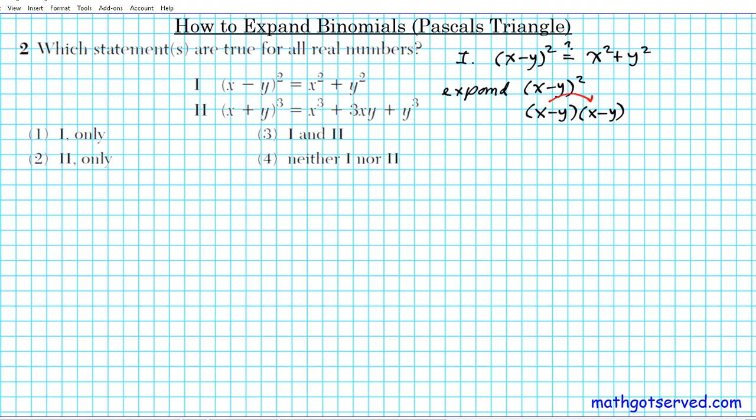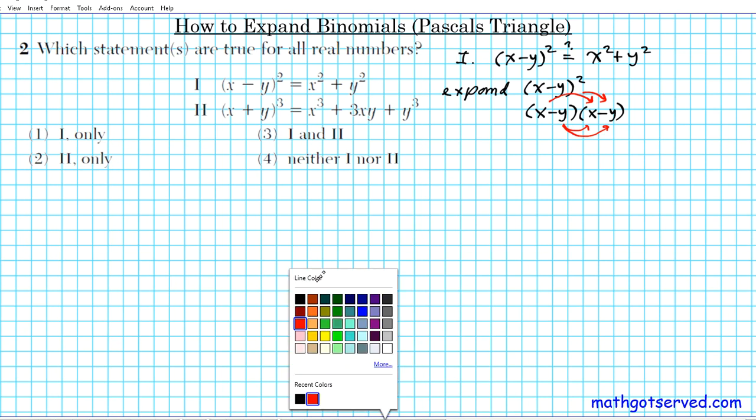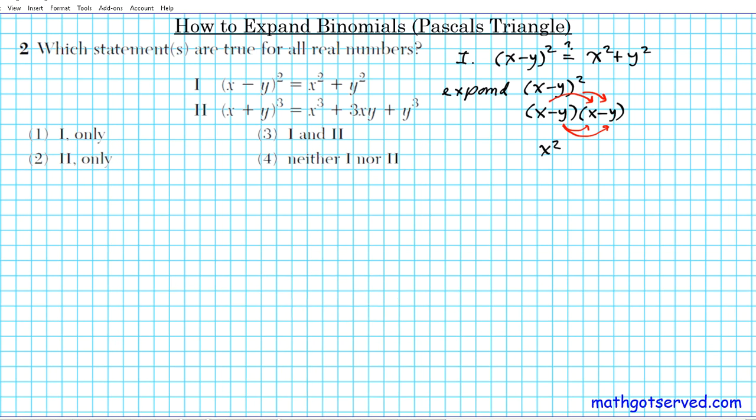Alrighty, so first, outer, inner, last. That's how you multiply two binomials. When you carry out the multiplication, you are going to get first, x times x is x squared, x times negative y is negative xy, negative y times x is negative yx. Multiplication commutes, so you can also write that as negative xy, plus y squared.